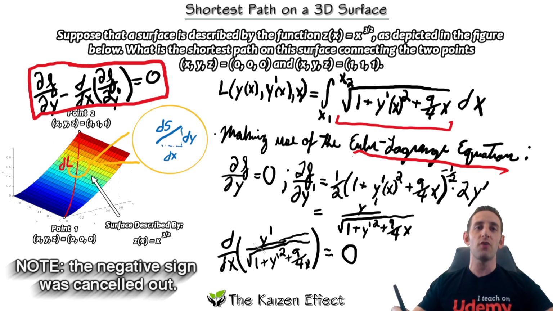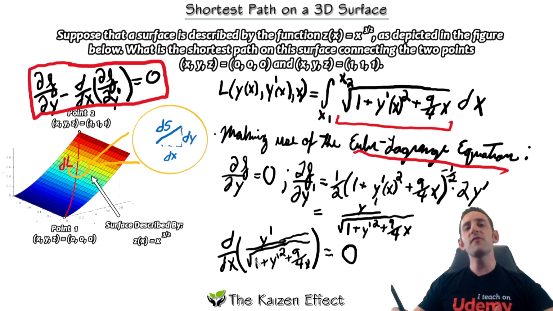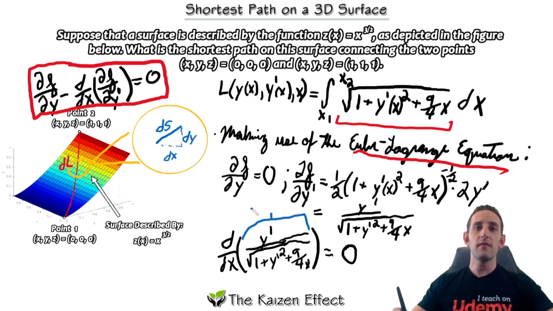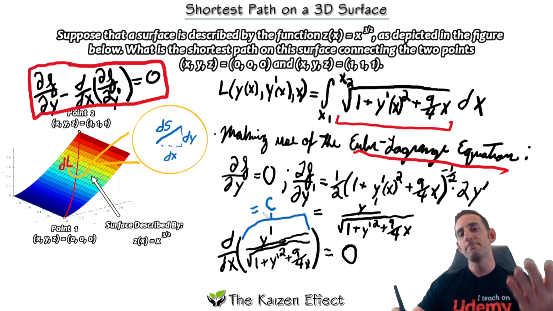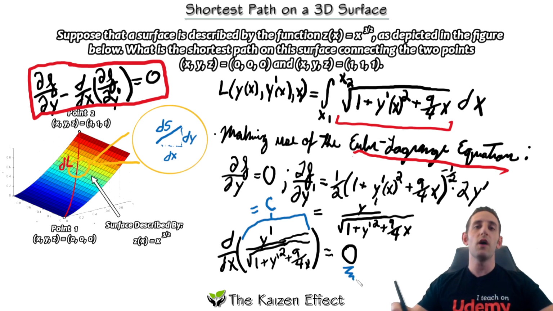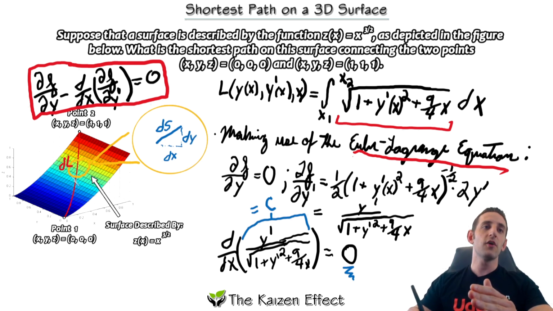This is the guy that we're trying to solve. As we've seen previously, if you take the first derivative of any kind of function and set it equal to 0, that means that what is inside here is equal to a constant we're going to call c, because if you take the derivative of a constant, you get the end result that you want. Using this, we're going to solve our differential equation, and that's going to give us the terms for y that are going to allow us to minimize the distance between point 1 and point 2.